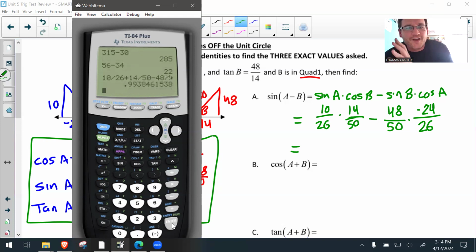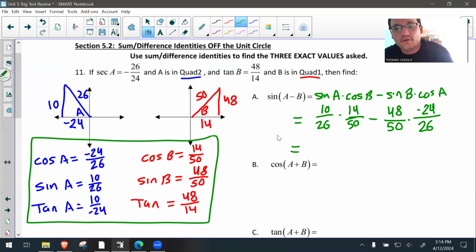Now that's an ugly decimal. I don't know what that is, but the calculator does. So just press math, enter, and that's going to turn it into a fraction. It says 323 over 325.